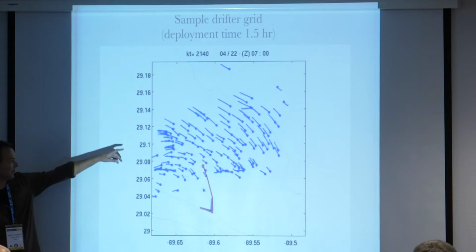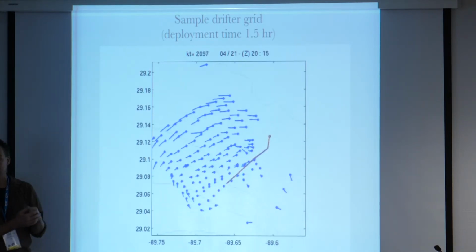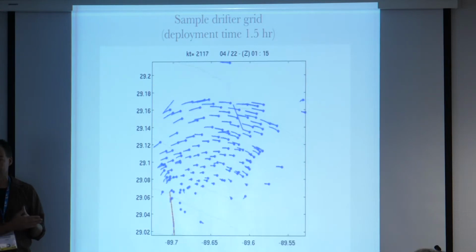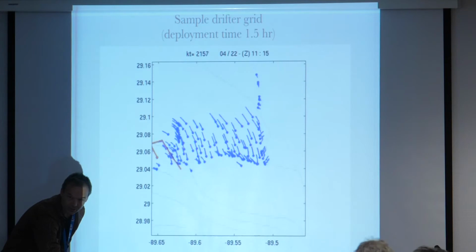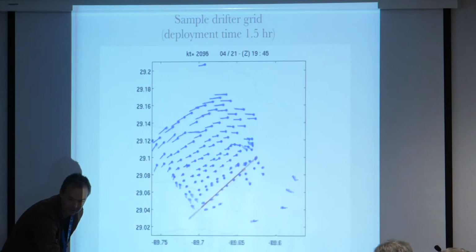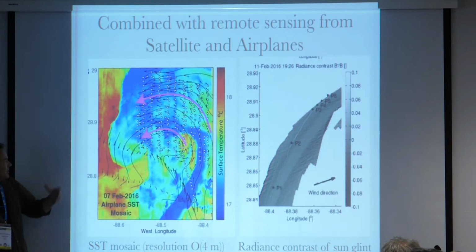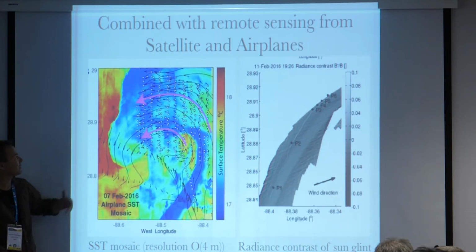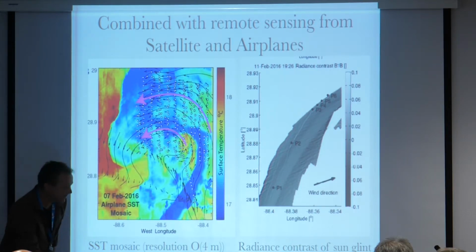And in this particular case, you can see how the drifters tend to accumulate on lines, and then those two lines start to collapse on a single point. So they show that the predictions of the model of significant surface convergence are in fact realistic. These experiments included other platforms, airplanes with infrared SST, radiance contrast.